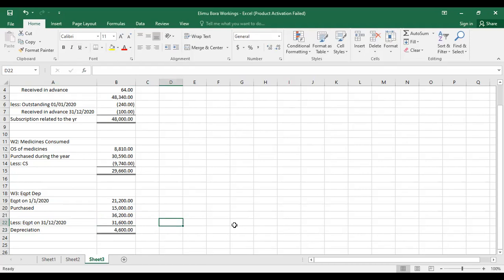Now building, I have the building less depreciation. That one will go to the statement of financial position. I don't think that's a big deal. What we may need to also account for is the capital fund, but with the information that we have right now, we can prepare the statement of comprehensive income, or rather the income and expenditure statement, right?